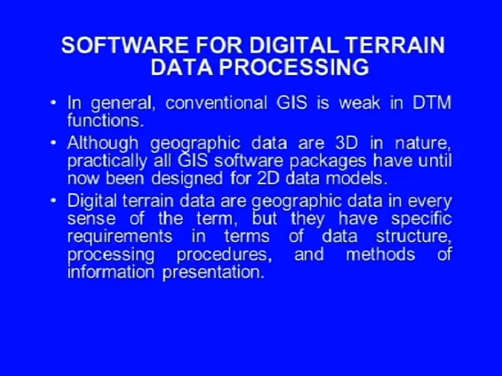Although geographic data are 3D in nature, practically all GIS software that has been designed up to now uses 2D data models. Digital terrain data are geographic data in every sense of the term, but they have specific requirements in terms of data structure, processing procedures and the methods of information presentation.